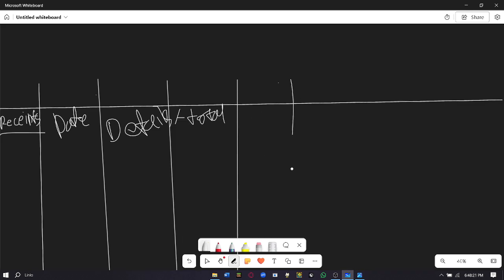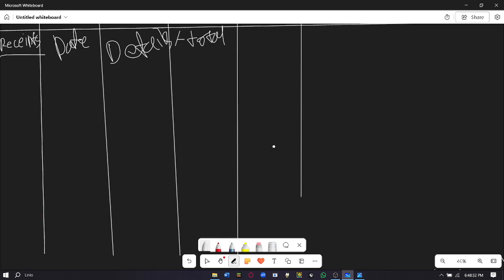So in the line there's going to be something like motor expenses or another expense. You put it under there.